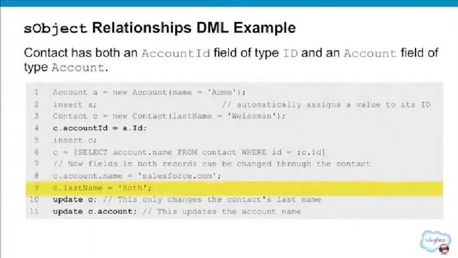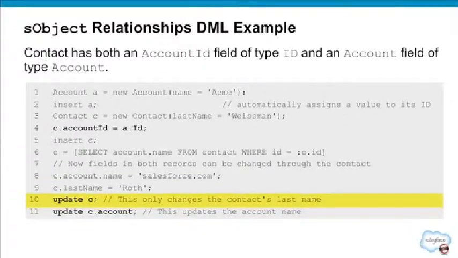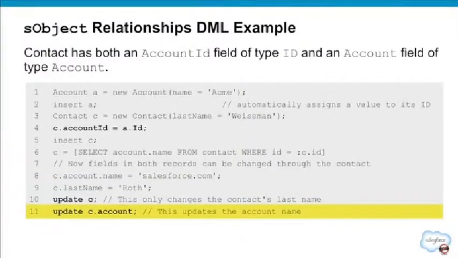When we execute line 10 and say update C, this is only making a modification to the contact record. The account record in the database is unchanged. So if we want to make a modification to this record that now has Salesforce as its name, we must do update on C.account.